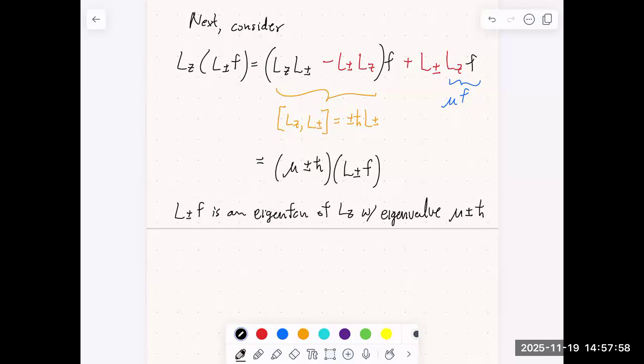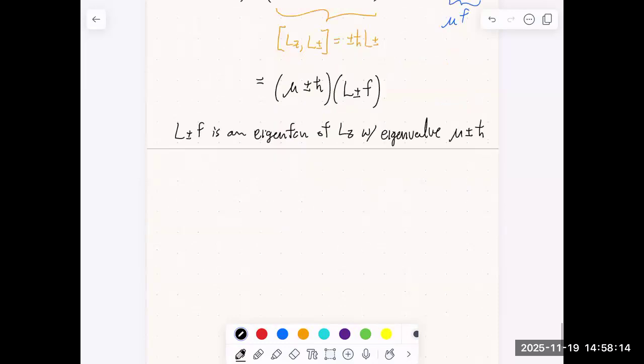Mu was the eigenvalue of the z component of the angular momentum, and acting with L plus increases it by h bar. Acting with L minus decreases it by h bar. So L plus increases the Lz eigenvalue by plus h bar.